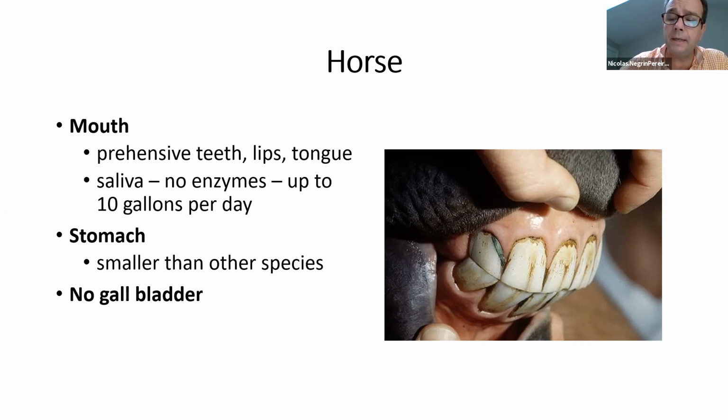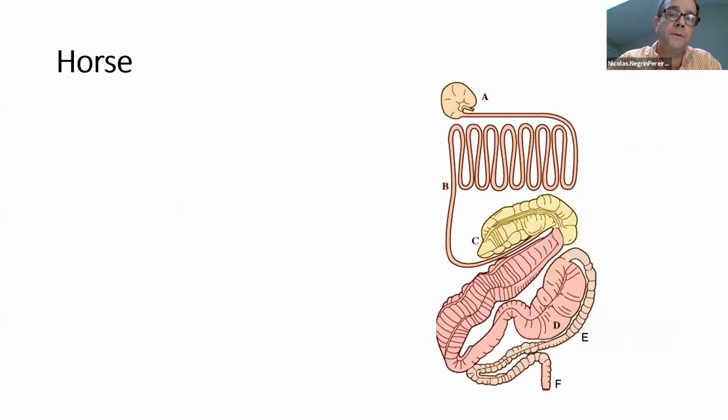You have to bear in mind that the physiology of the horse tells us that these are animals that are continuously feeding. If you see them in a grazing condition, you can see that most of the time the horse is grazing. And that's why there is actually no need for the bile to be collected in a pouch to be released only 2 or 3 times a day, like in the case of other species.